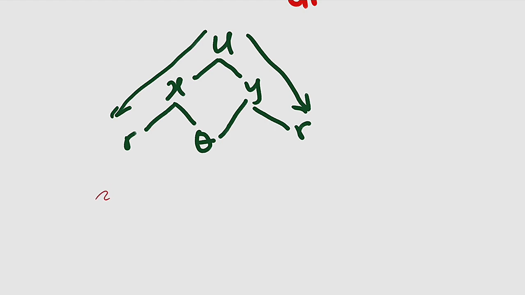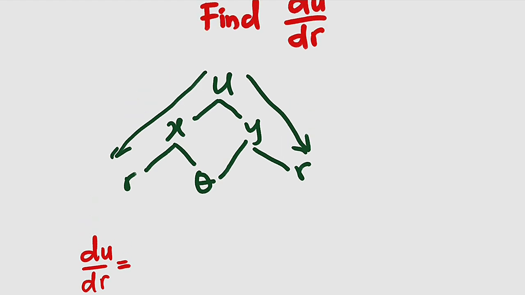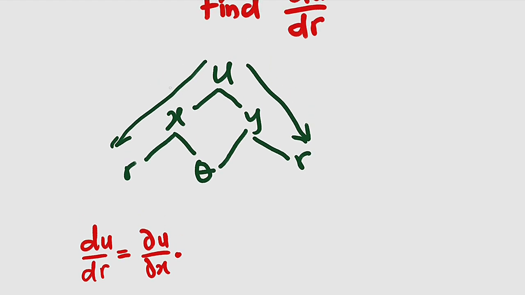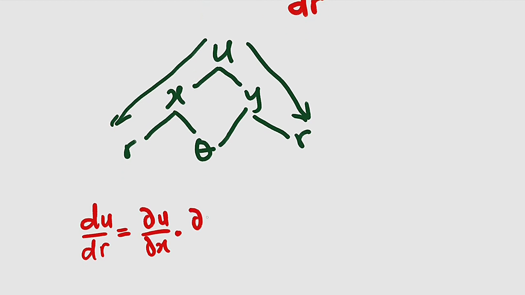First of all, we take du over dr to be equal to the partial derivative of u with respect to x, multiplied by the partial derivative of x with respect to r.